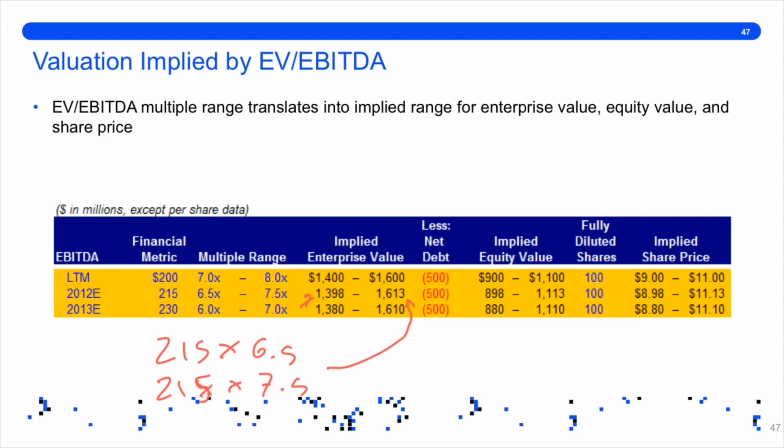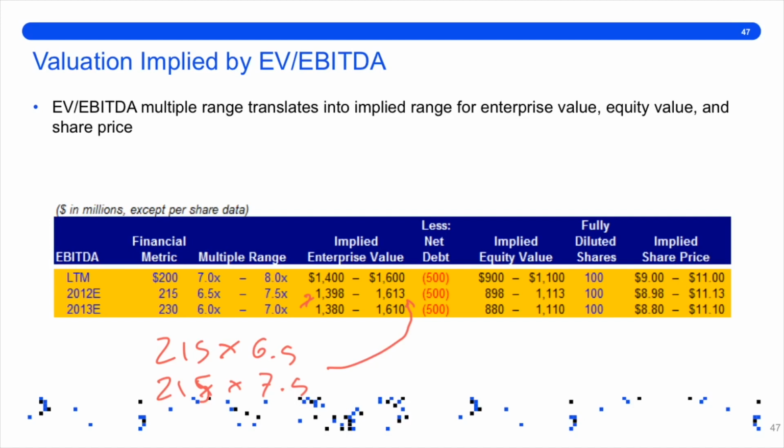Net debt is debt minus cash. So this company has $500 million of debt. So that range, 1.4 to 1.6 enterprise value, since the debt is $500 million, the implied equity value goes from 900 to 1.1 billion. Okay?